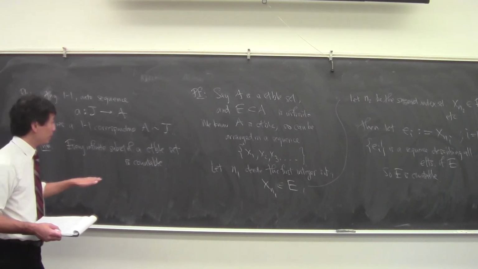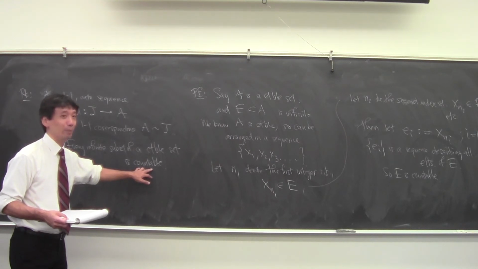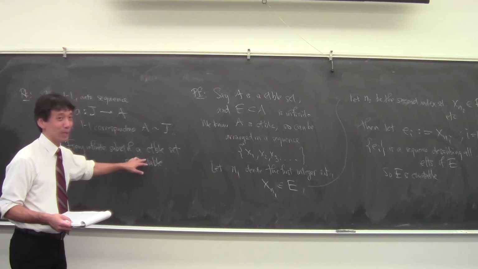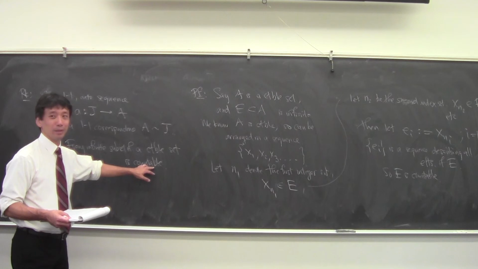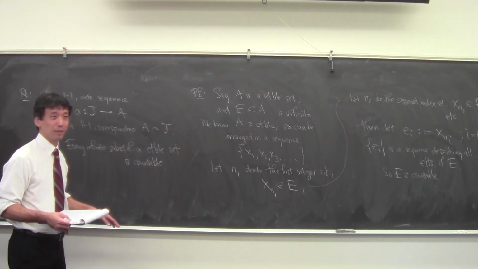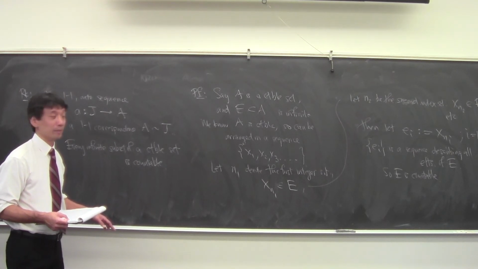So remember, countable means infinite, actually, right? If A is finite, we call it at most countable. That's different from countable, which means countably infinite. You can count it, you just don't choose finite or infinite. So you have 1, 2, 3, 4, 5, but it can go all the way to infinity. That's countable.